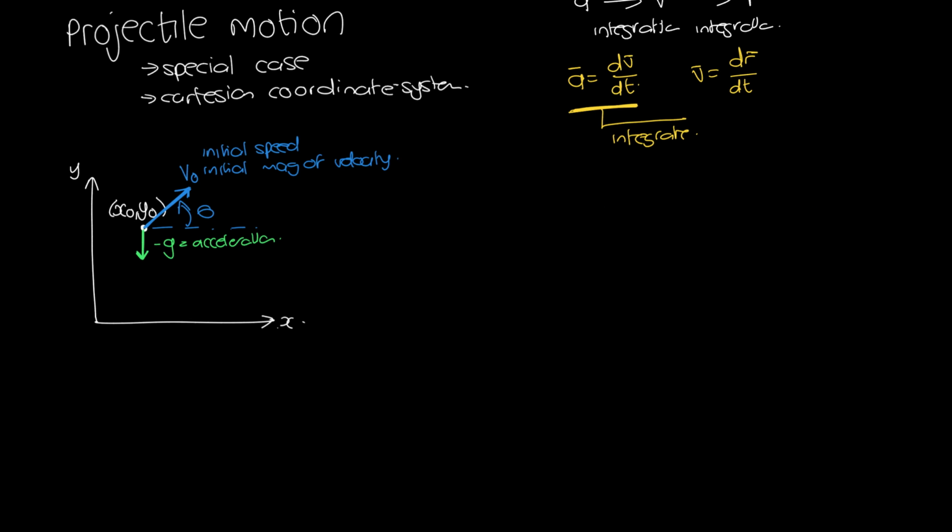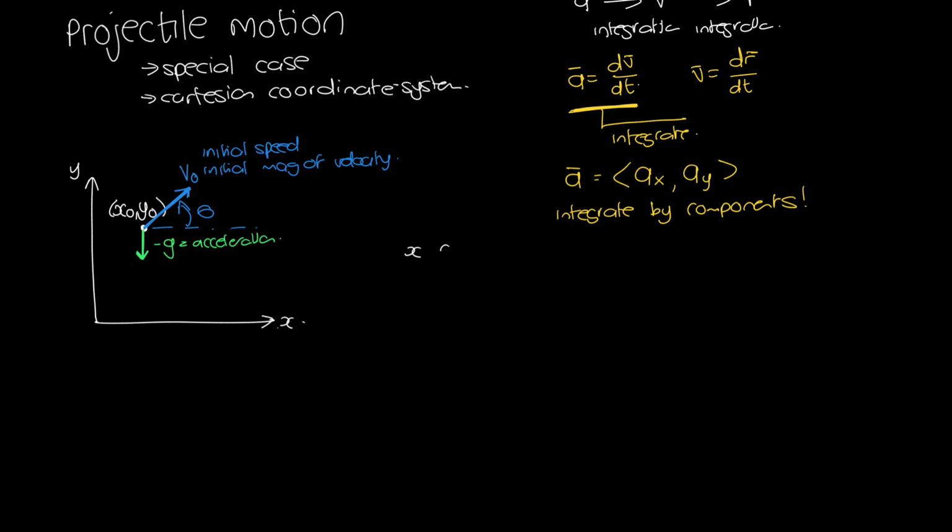And one of the other things we learned was that if we have a vector, so if a is a vector and it has components, the a x component and the a y component, integration is per component. You can integrate by components, so you can break them up. So we can look at just the x case and just the y case separately.